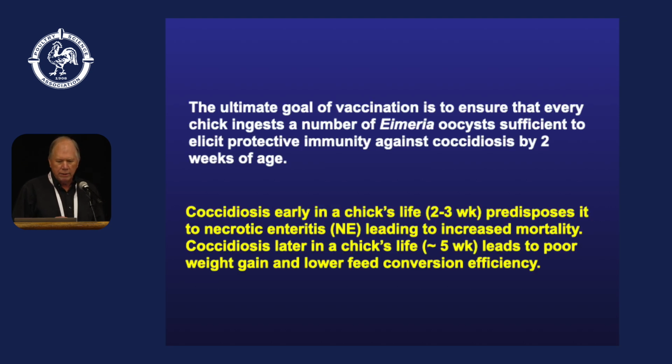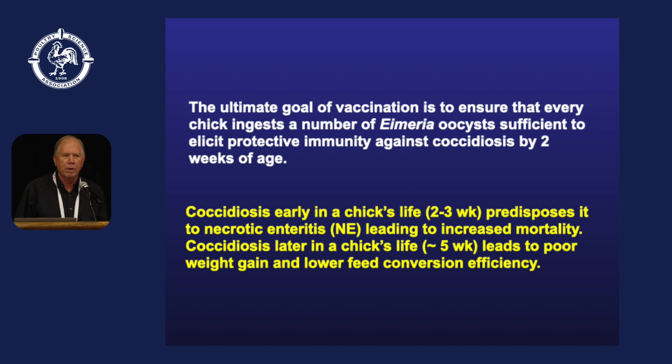So there's a lot of controversy in the field about this, but the ultimate goal of vaccination, in my mind, is to ensure that every chick ingests a number of Eimeria oocysts sufficient to elicit protective immunity against coccidiosis by 2 weeks of age.